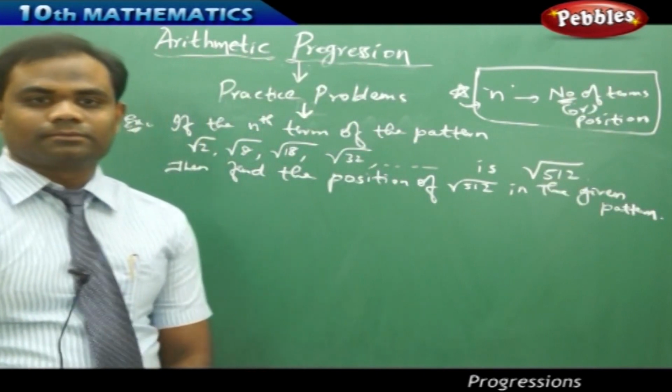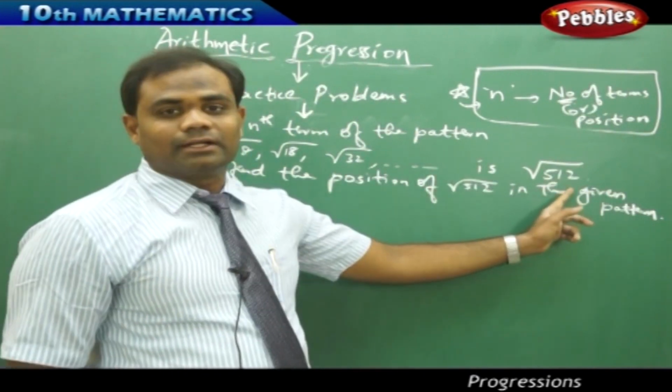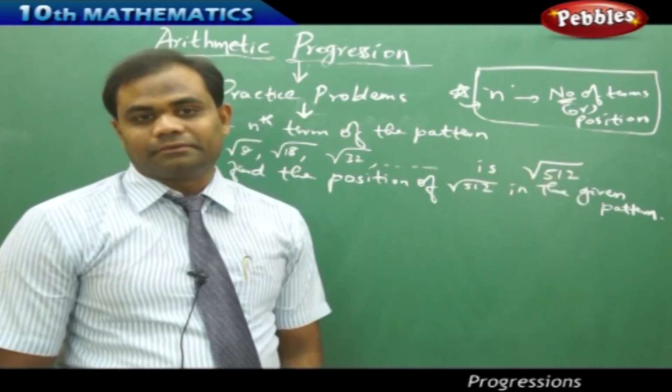That is the question here. So a pattern is given and the nth term is given. I have to find the position of that value in the given pattern.